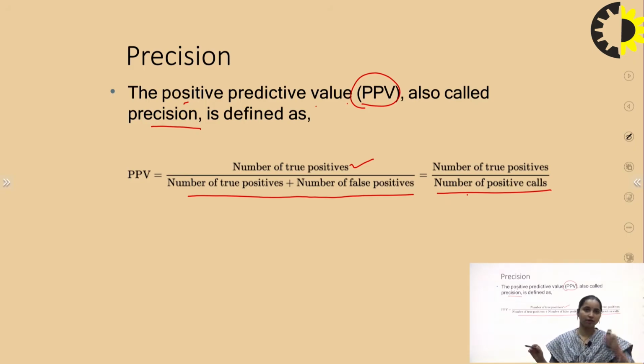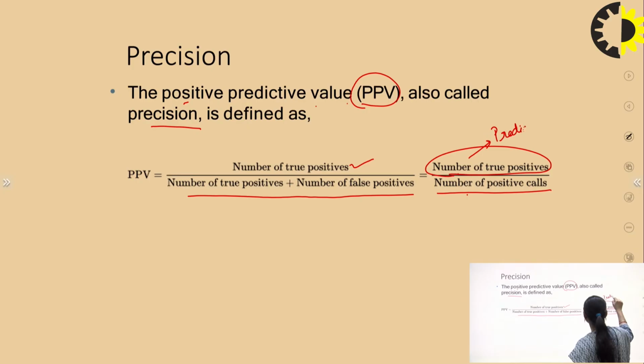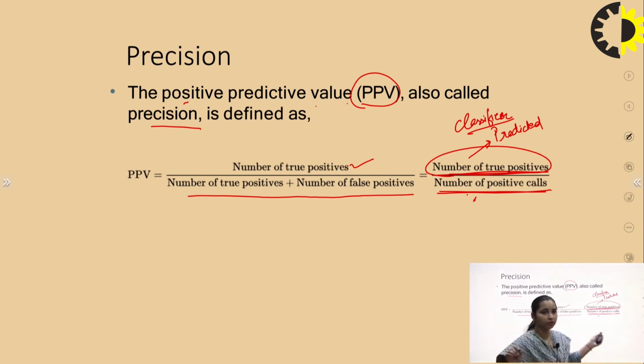Here you have to make sure that this value is calculated on the predicted values, that is, when we are classifying with the classifier. So, these are the number of true positive values, and the denominator is the number of positive calls in the data set. The denominator is talking about the data set, but the numerator is talking about the true positive values, right?